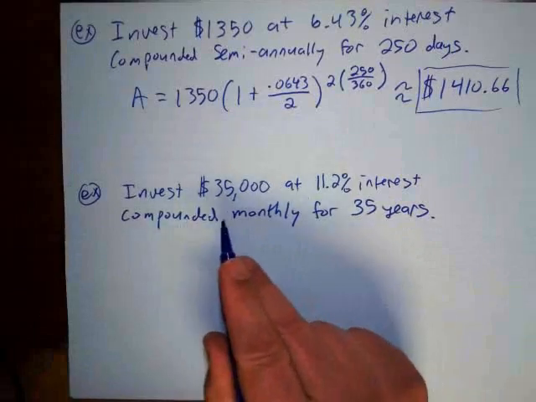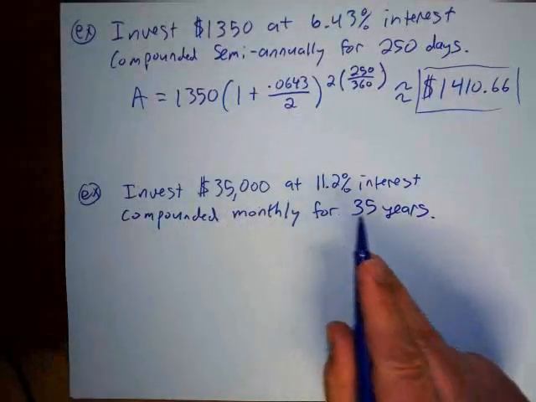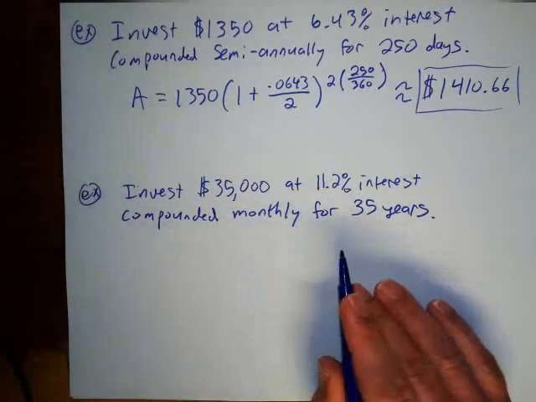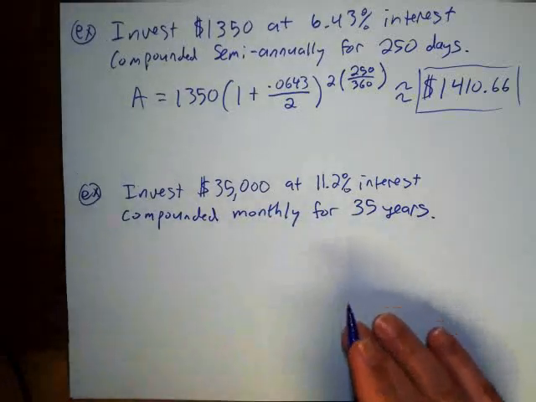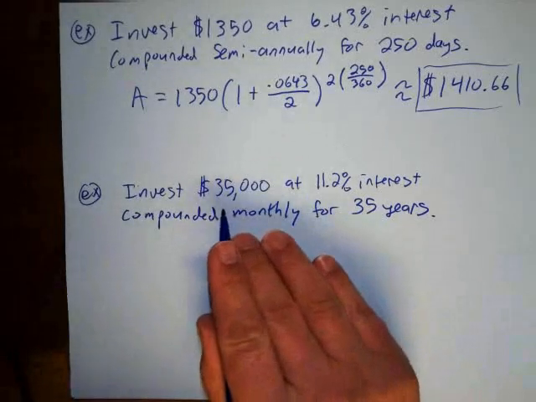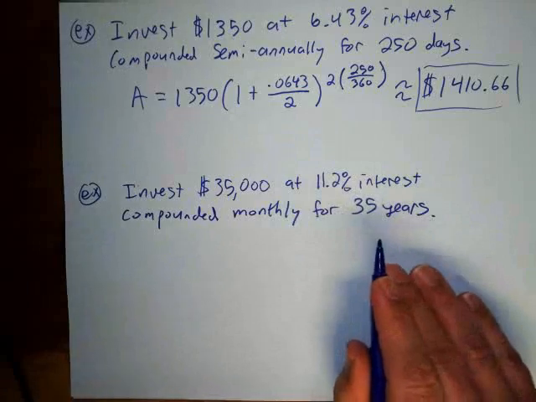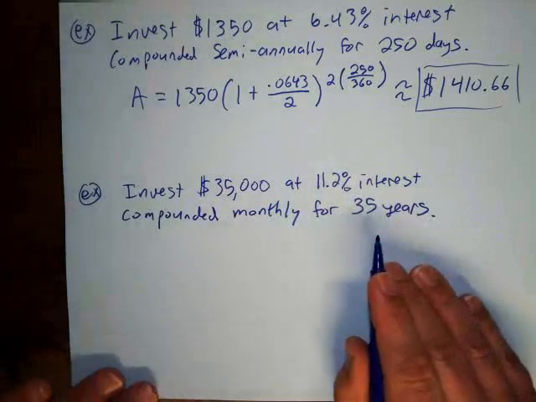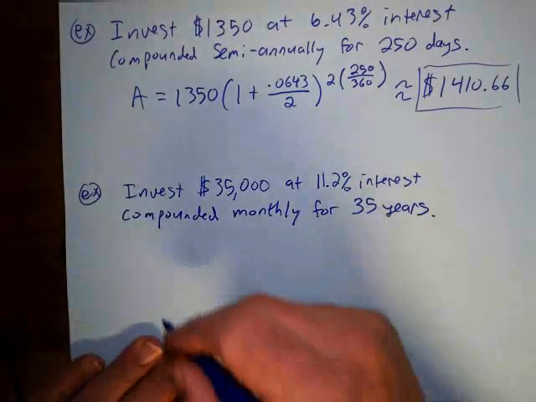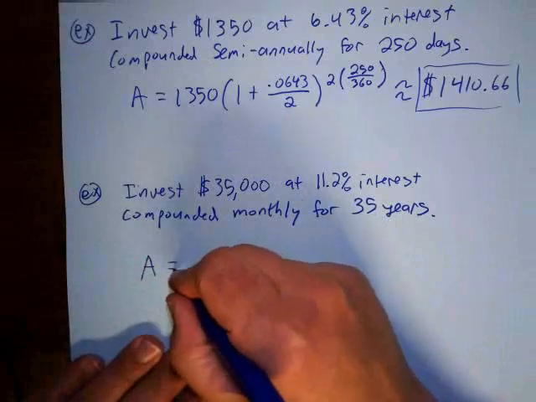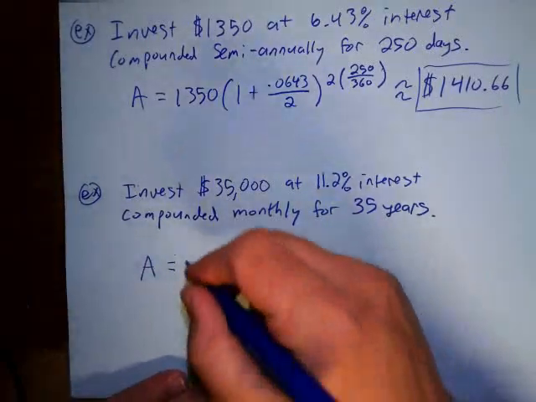And that is, we're going to invest $35,000 at 11.2% interest compounded monthly for 35 years. So now I'm going to be investing a lot at a high interest rate for a long time. And we're going to see that this investment we're going to earn a lot of money on this, okay?